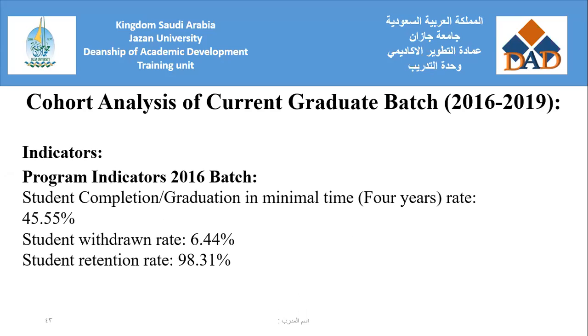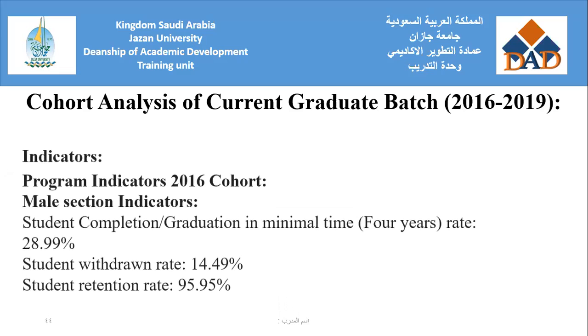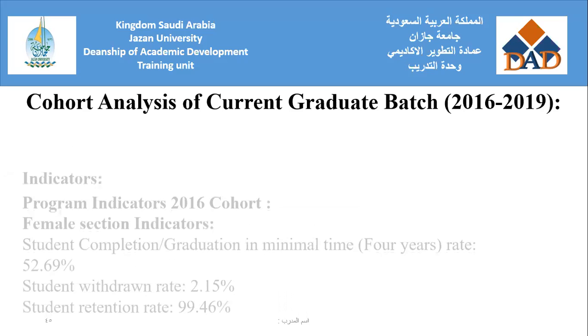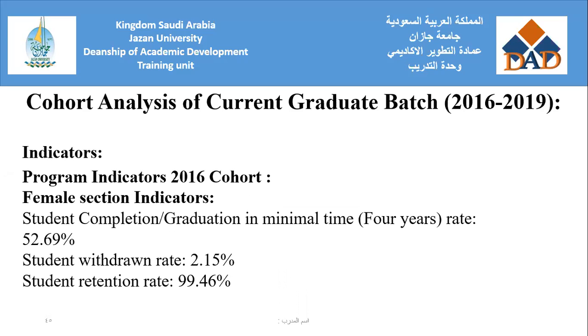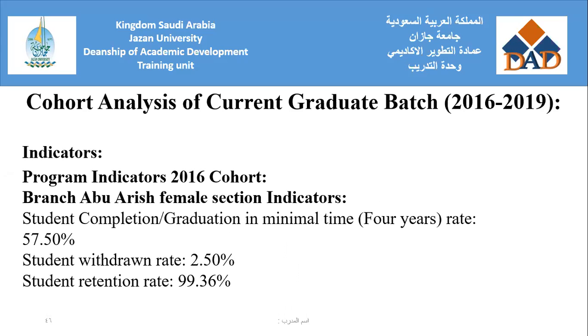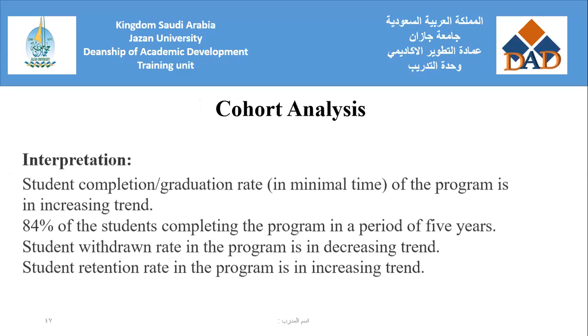And these are the program indicators for the 2016 batch, all indicators for the program. And this is section-wise for the 2016 batch, and the female section. And this is the branch section. All indicators we have calculated.